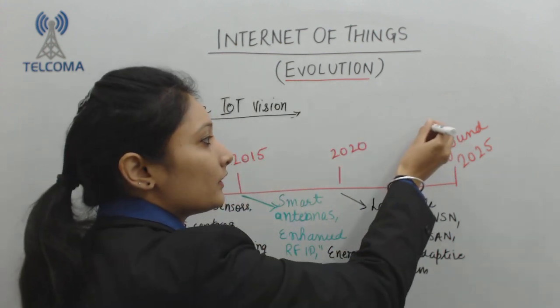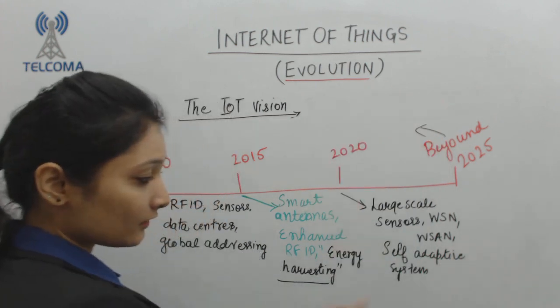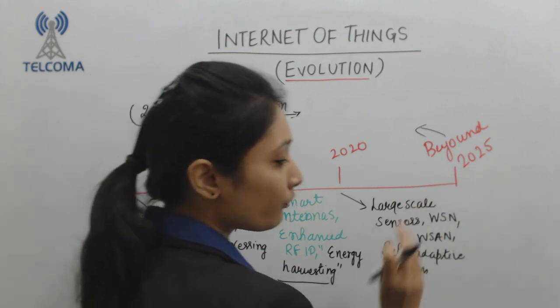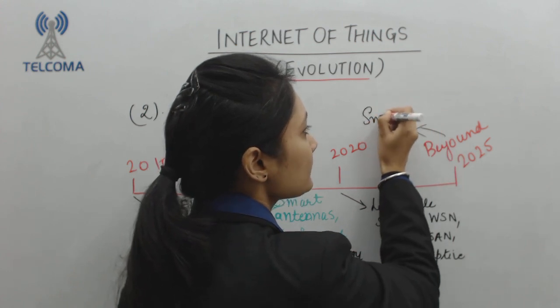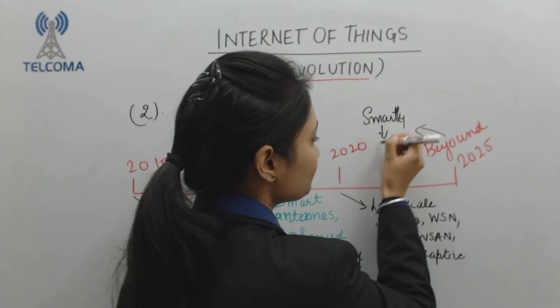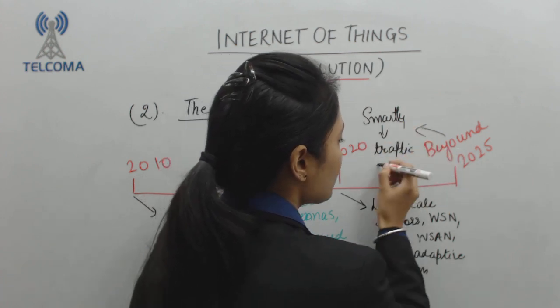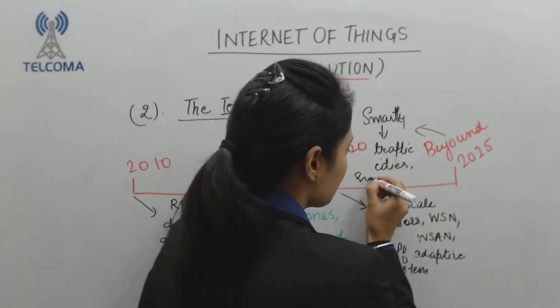Now, beyond 2025, when such things have been achieved by 2020, for 2025 you have everything smartly enabled. Your smart cities, your smart traffic system.